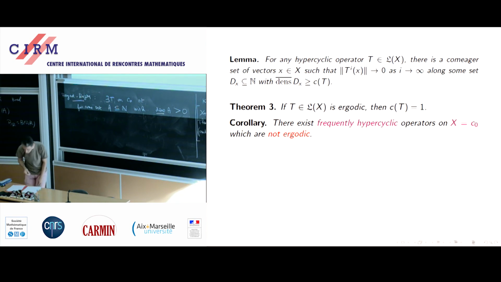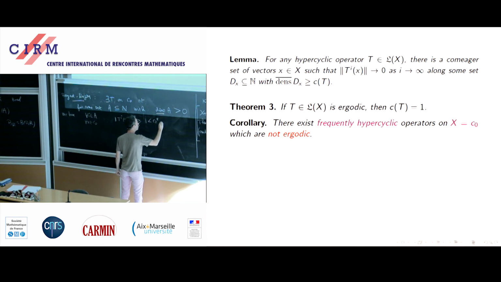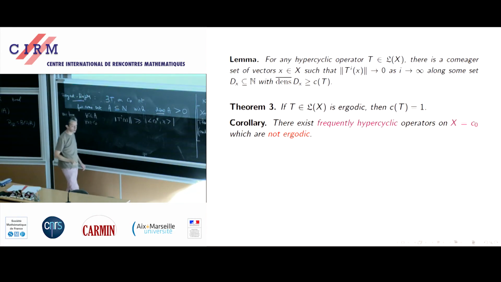Yeah. We have that for any i in A and for any x in c0, the norm of T^i of x is at least equal to the first coordinate of x, okay?